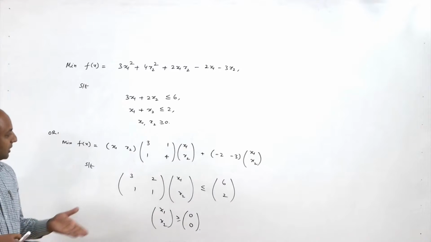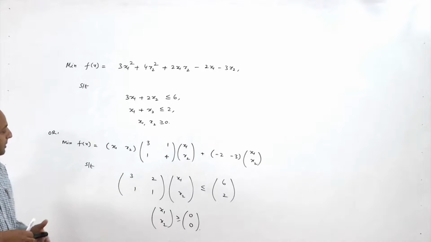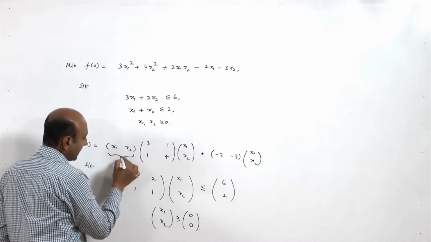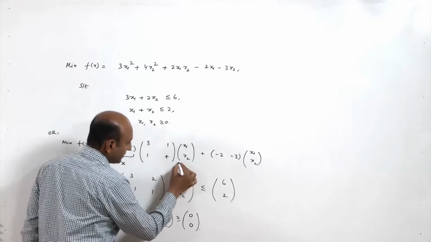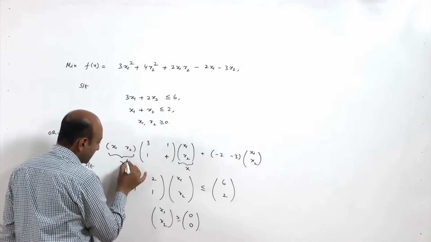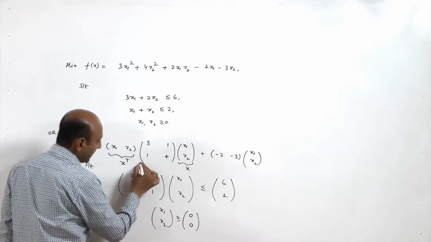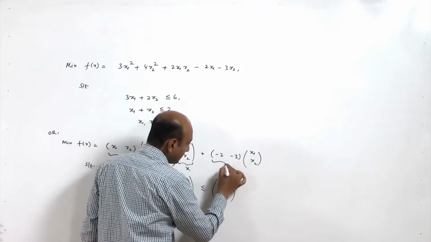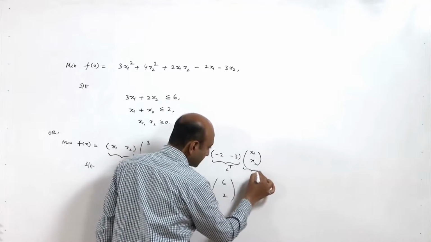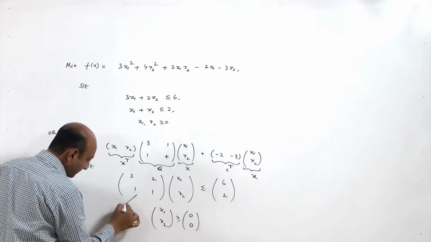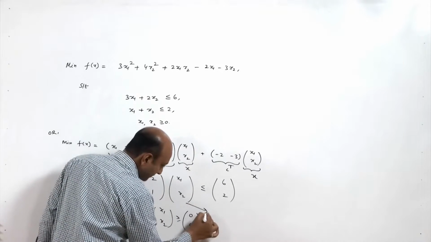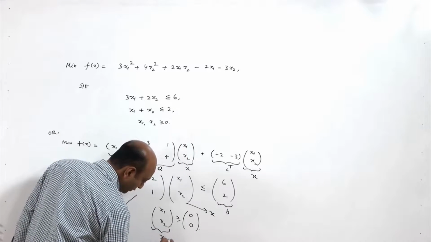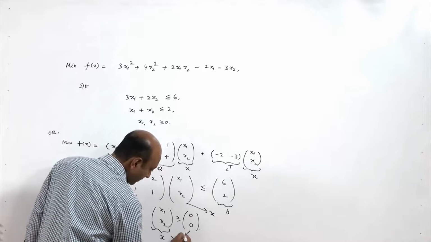Here, if you observe this problem, if we take this as x, then this is x transpose, and this we can take as the matrix Q. This is c transpose, this is x, this is the matrix A, this is vector x less than or equal to vector b, and this x is greater than or equal to the 0 vector.